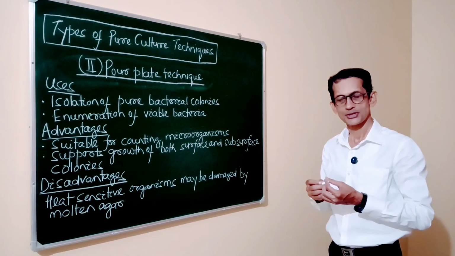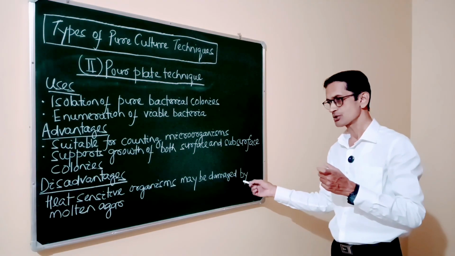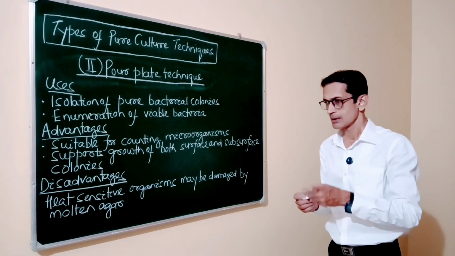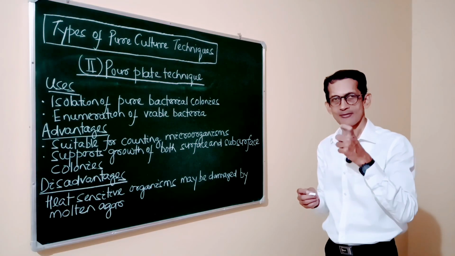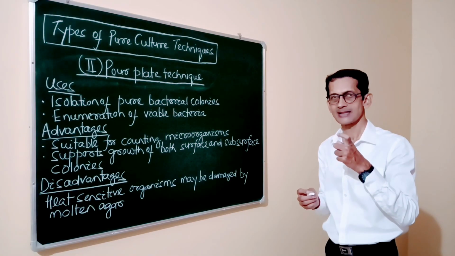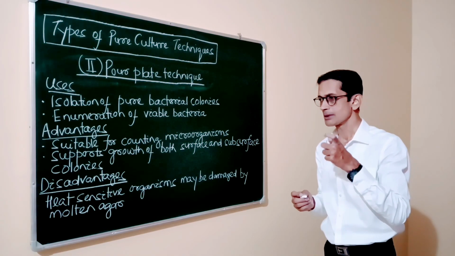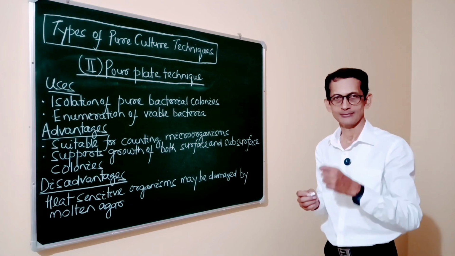And disadvantages: heat sensitive organisms may be damaged by molten agar, because what we studied, the molten agar will be cooled to the temperature of 45 to 50 degrees centigrade. So at that temperature also, many of the microorganisms cannot survive.